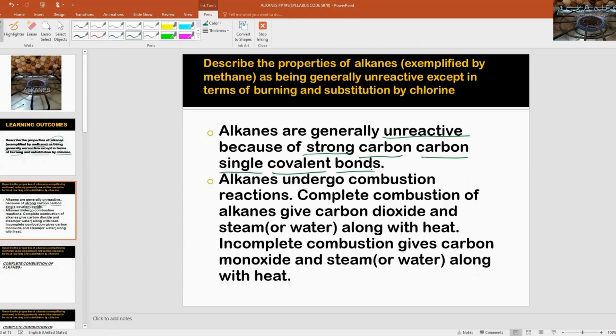Alkanes undergo combustion reactions. Complete combustion of alkanes gives carbon dioxide and steam or water along with heat. Incomplete combustion gives carbon monoxide and steam or water along with heat. Both are examples of exothermic reactions, as heat is given off in these reactions.